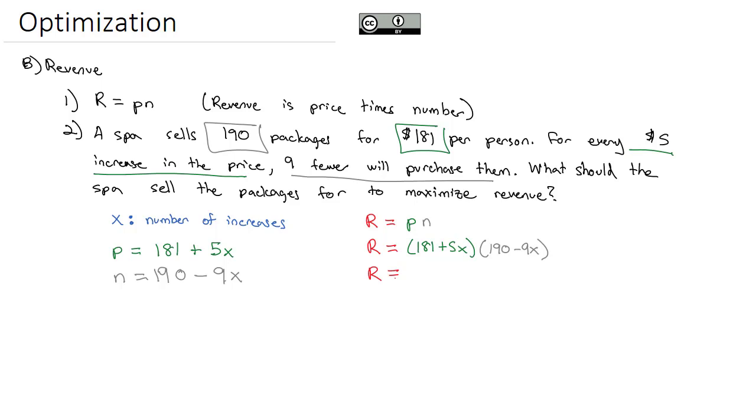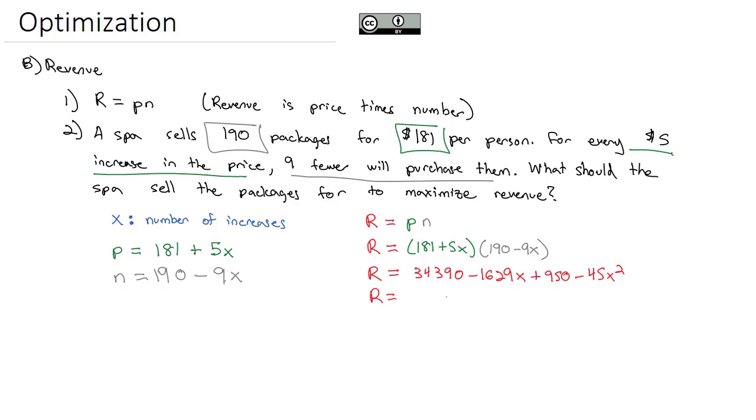Might need a calculator. 181 times 190 is 34,390 plus 181 times 9x. Actually, it's a negative 9x, so let's go negative 1629x. Then 5x times 190, that's going to be 950x. And then 5x times negative 9x is negative 45x squared.